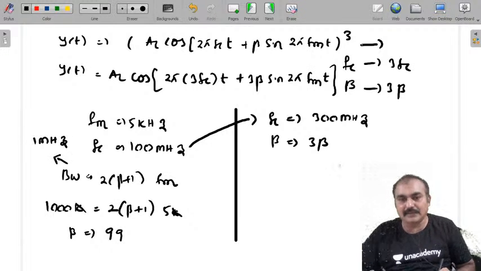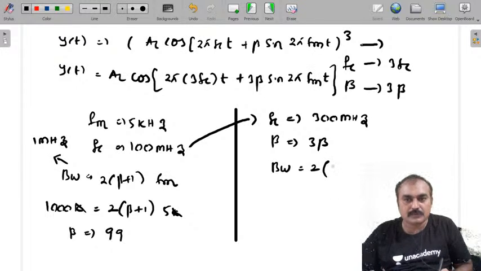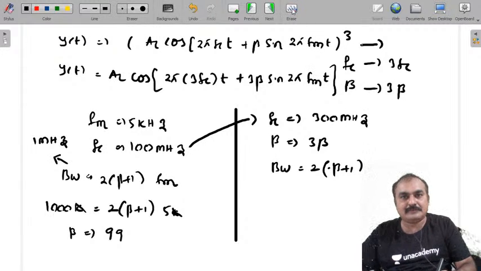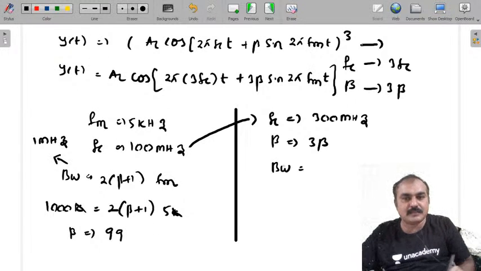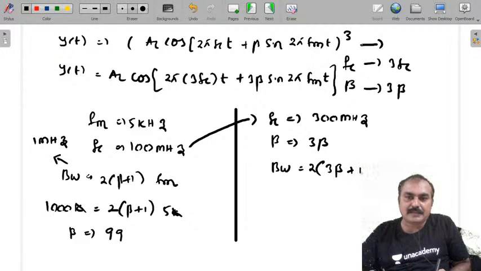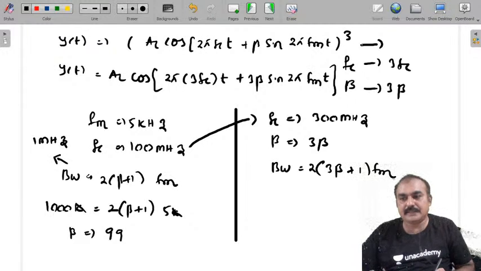He is asking that only. Therefore bandwidth equal to 2 into (beta plus 1), where beta is now 3 into beta. Very good. 99, not 9, Srinivasarao, 99. So 2 into 3 beta, plus 1, into Fm.